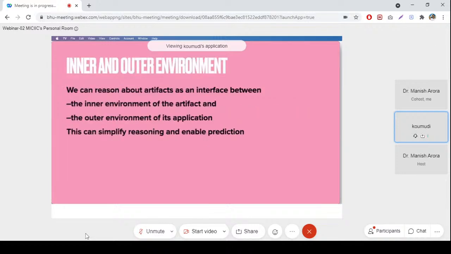Simon characterizes an artificial system as an interface between 2 environments, inner environment and outer environment. These environments lie in the province of natural science, but the interface linking them is the realm of artificial science.